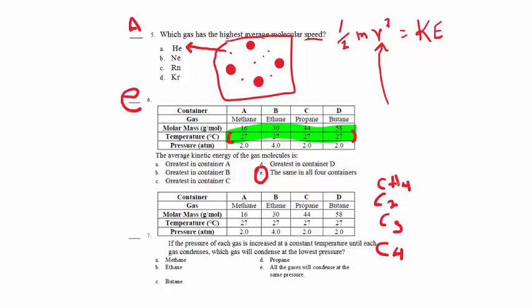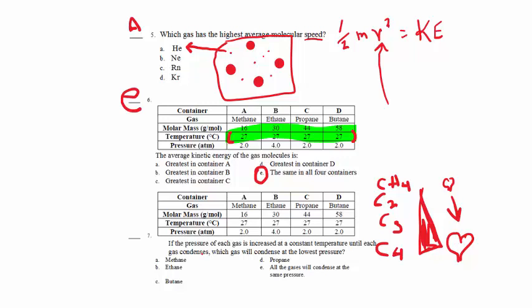So the larger the atomic mass here, and it's getting larger as we go down, means that there's more attraction between the particles. So these particles have less attraction. As you go down, there's more attraction between the particles.